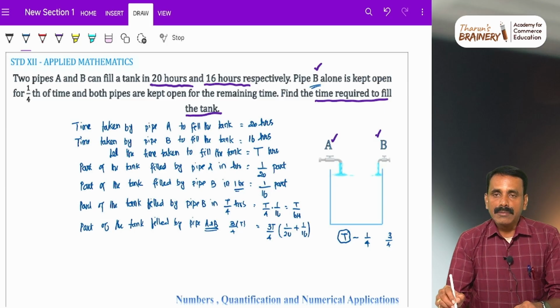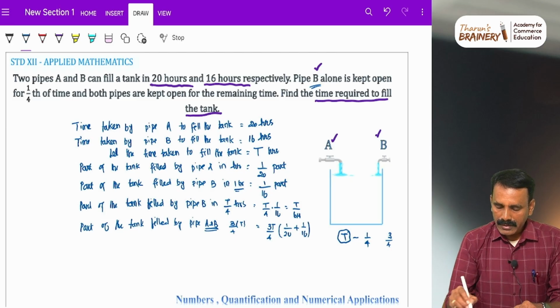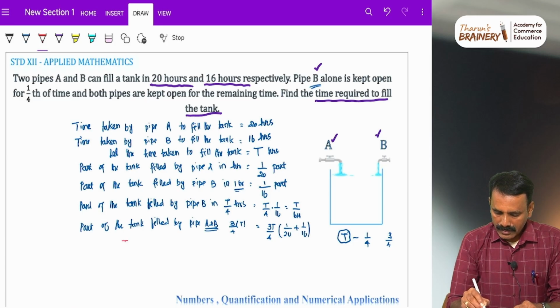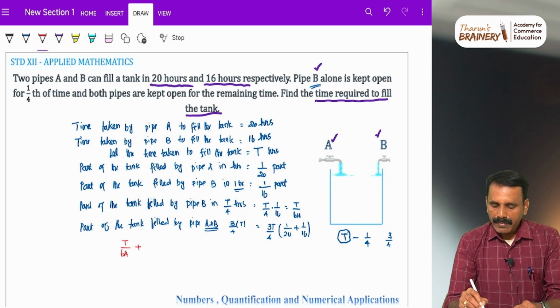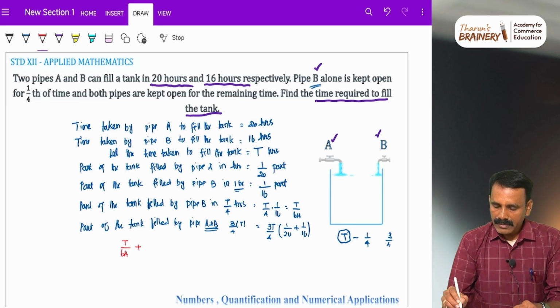So we are going to find the sum. When you find the sum, the tank is going to be full. So it is T by 64, the part of the tank filled by pipe B alone, which runs for 1 by 4th of the entire time taken to fill the tank.